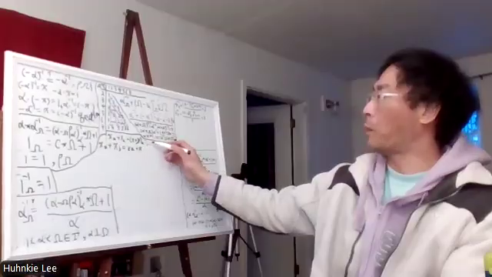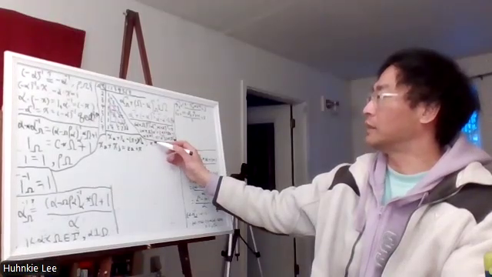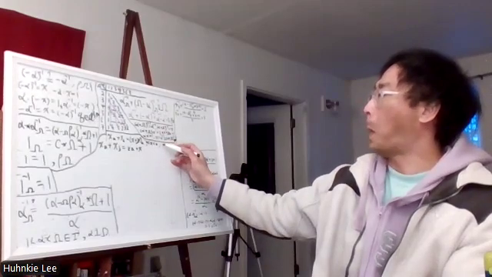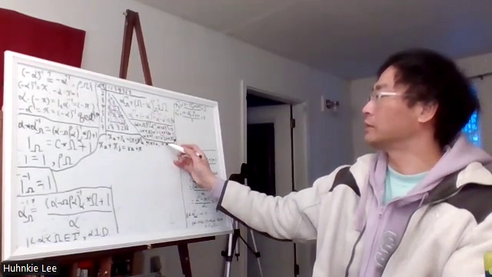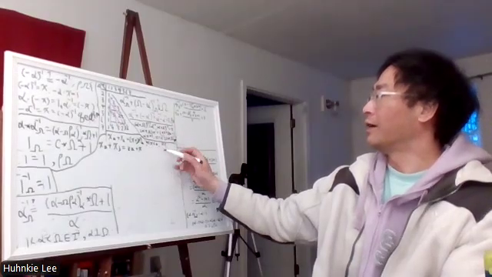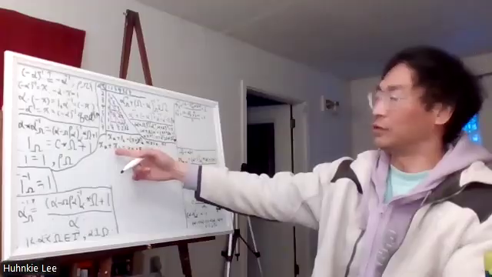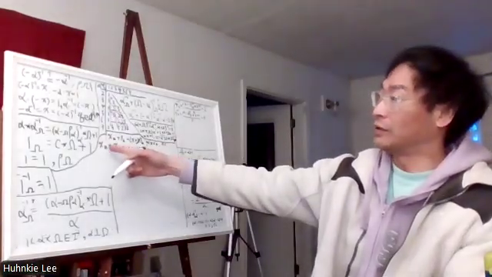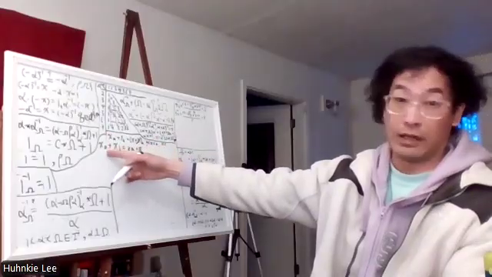Here, x is less than A. So in this row subscript notation, this argument is always less than the base.